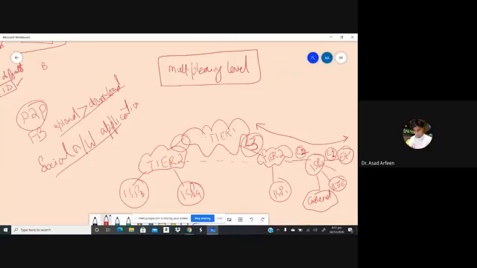I repeat, as the multiplexing level increases, the level of the traffic asymmetry decreases. When I say level of multiplexing, can you tell me, is the multiplexing level at tier 1 high, or is the multiplexing level at ISP 2 high? Sir, ISP2 is high. And when I say multiplexing, it means multiplexing of the flows.